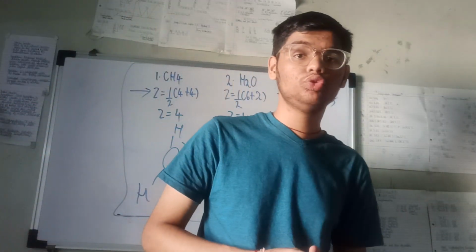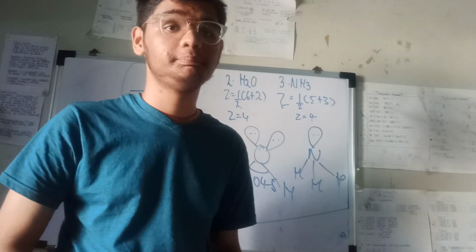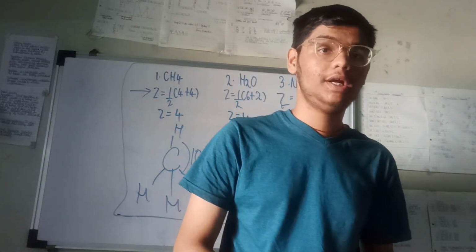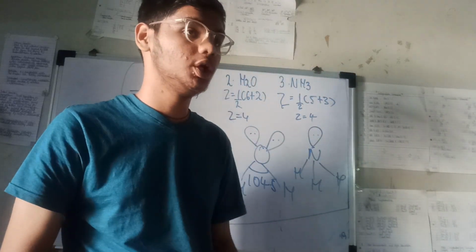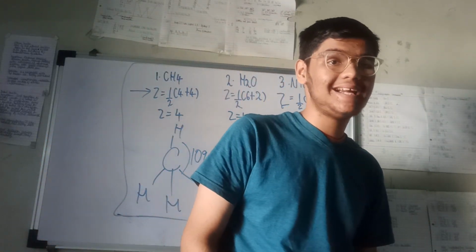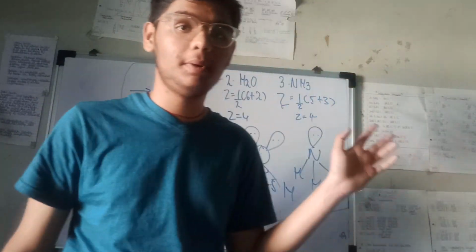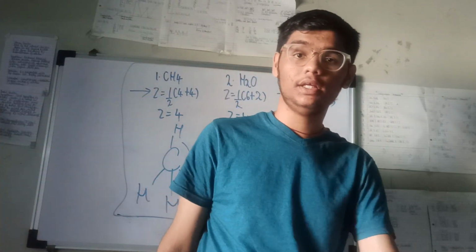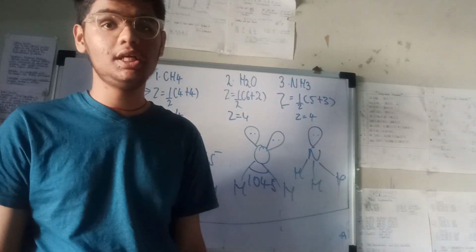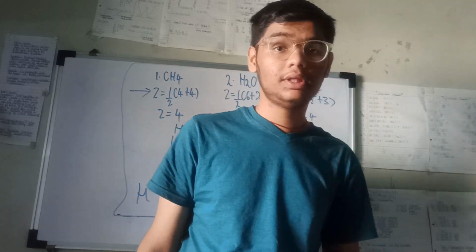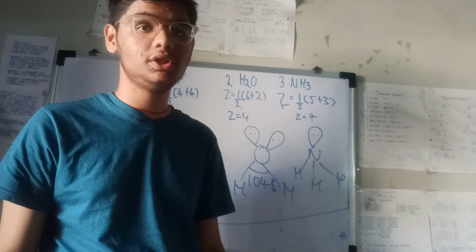If Z is equal to 4, hybridization is sp3, and geometry is tetrahedral, with trigonal pyramidal as a shape. And if Z is equal to 5, then it will be trigonal bipyramidal geometry and sp3d. If it is 6, octahedral geometry and sp3d2. If it is 7, then pentagonal bipyramidal geometry and sp3d3.